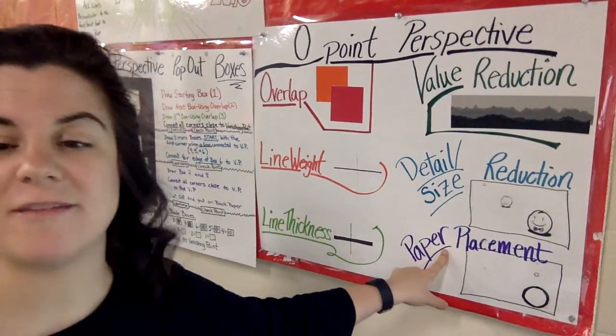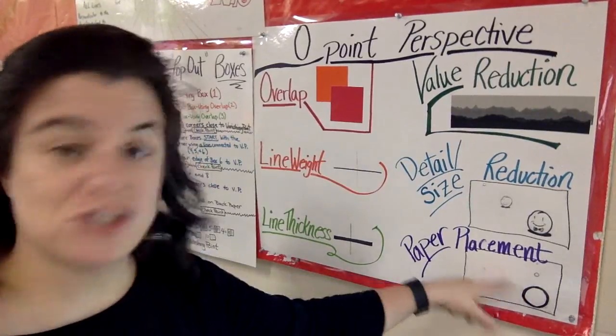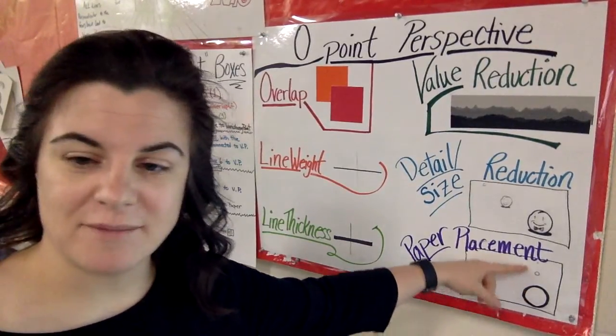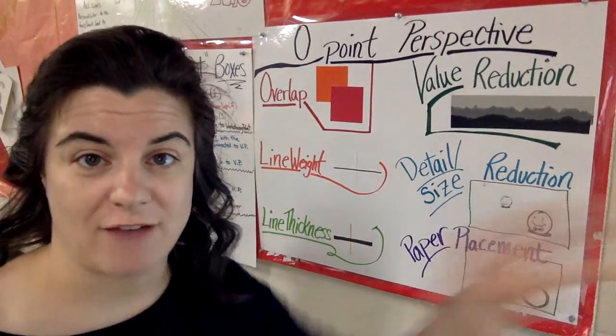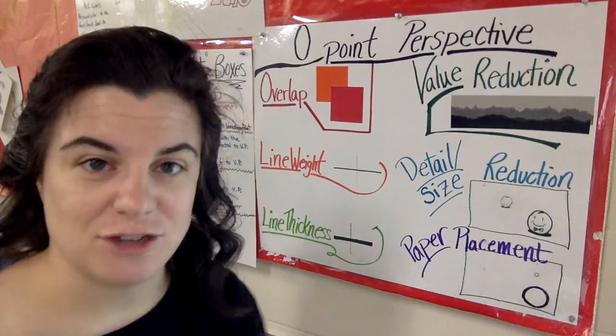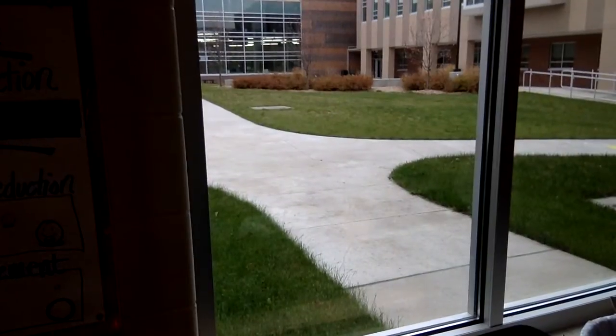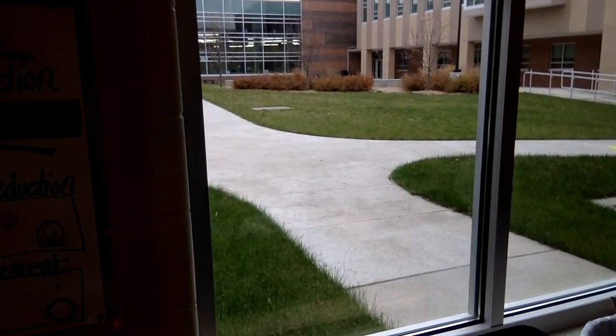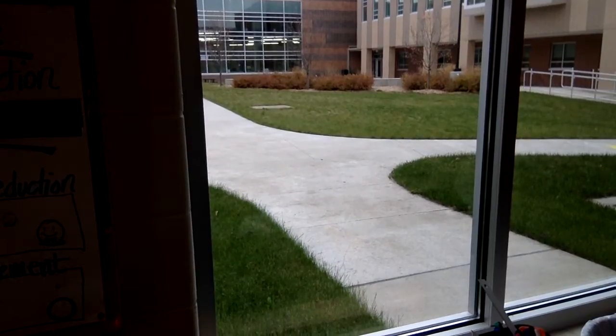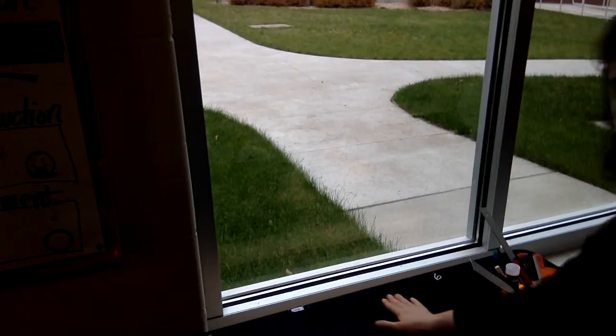And then paper placement. In general, the higher something is, the further back from their viewpoint it is. And I'm going to show you how this is true. So we're going to flip this around and look out the window. Okay. So first off, you should realize here, if I lower this even more, the further down in your viewpoint, the bottom of the paper it is, the more detail you have, right?